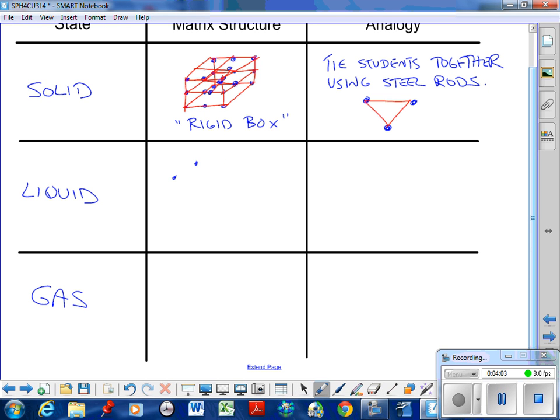Now with a liquid, what happens is those bonds are loosened. So instead of rigid rods, I'm going to use the notation for a spring here. If you draw a couple dots and connect them with squiggly lines, they represent springs. You'd have a whole bunch of springs connecting them. So instead of using the steel rods, I would take all the students and tie them together using bungee cords.